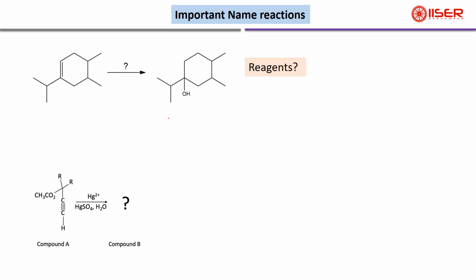So what will be the reagent to generate this from this substrate? We have learned two hydroxylation procedures. One is hydroboration followed by oxidation, and another is oxymercuration followed by demercuration. Now to get this one from this, what reagent do we have to use?